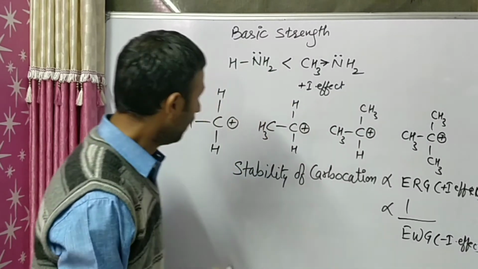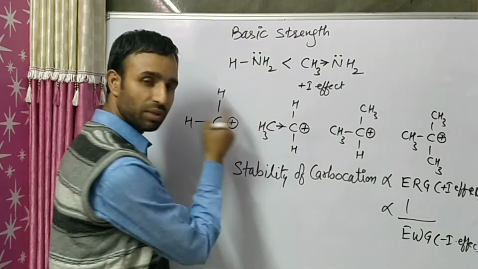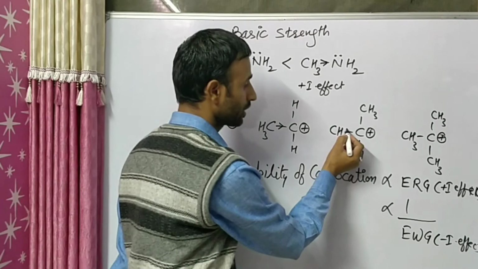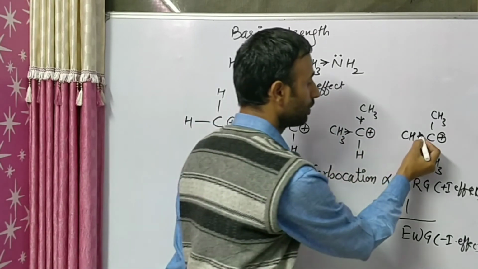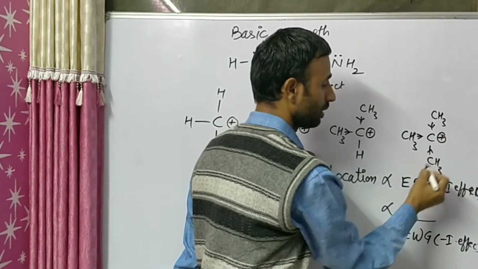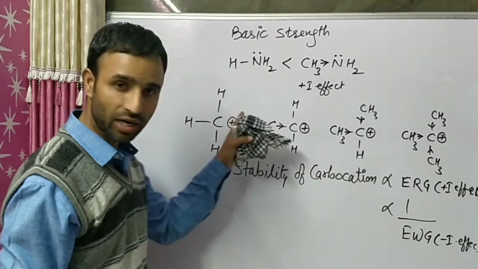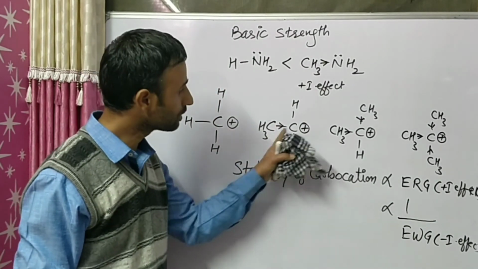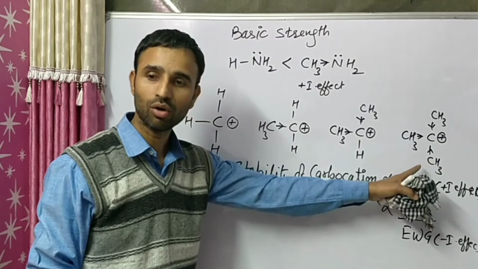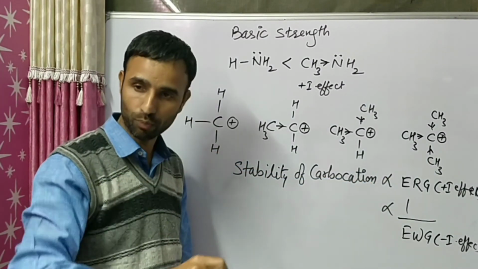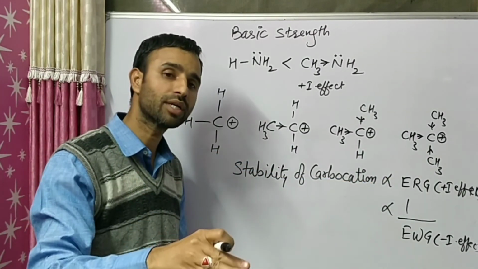Right? This has one methyl group. In this case, two methyl groups, then three. As I said earlier, as the number of alkyl groups, or any type of group, increases, the inductive effect increases.